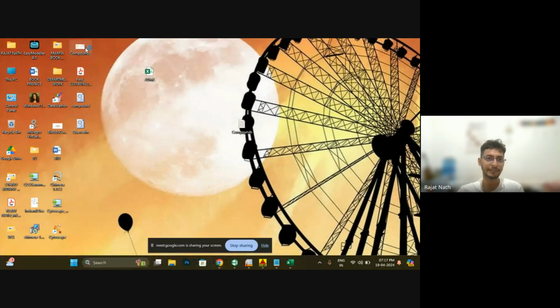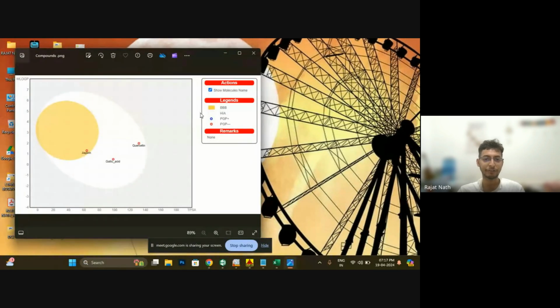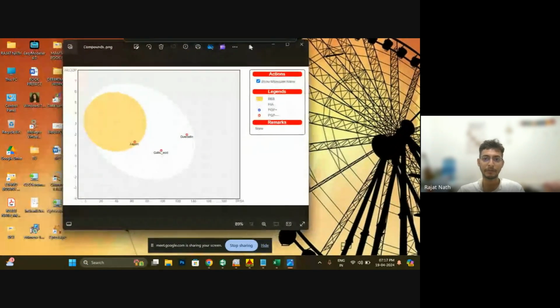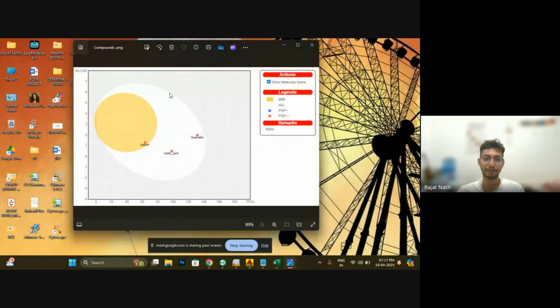So this is the boiled egg structure. You can give it in your manuscript or wherever applicable. You can give this boiled egg and discuss it as I mentioned.